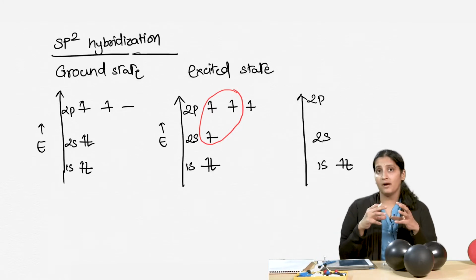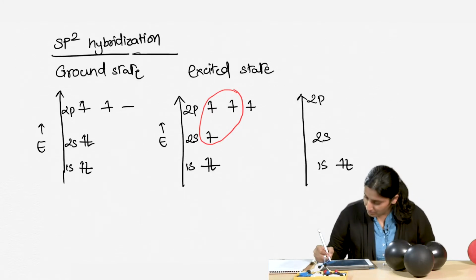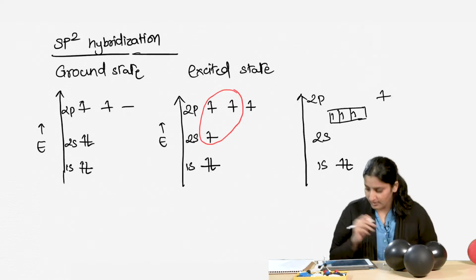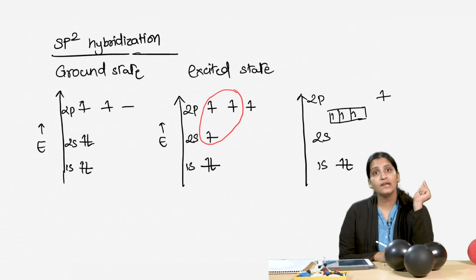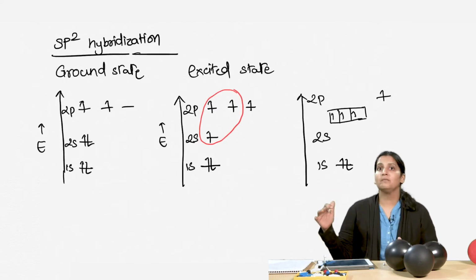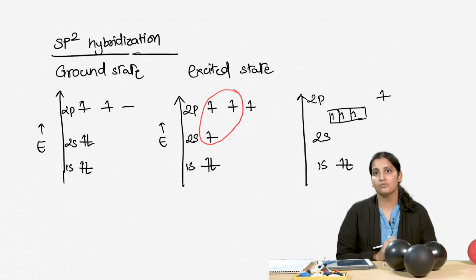Now, I have combined the 2s with 2 of the p orbitals to form 3 sp2 hybridized orbitals. And remember that one electron that did not take part in hybridization, that was there in, let us say, the pz orbital, that pz orbital is still unhybridized and it still has that one electron.